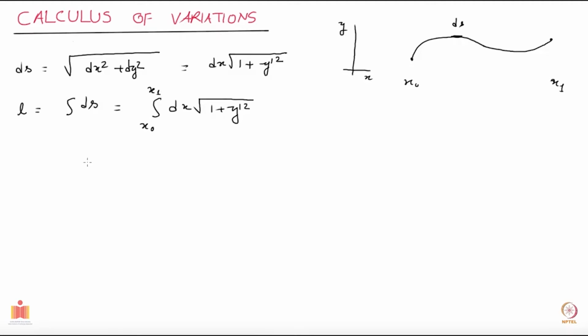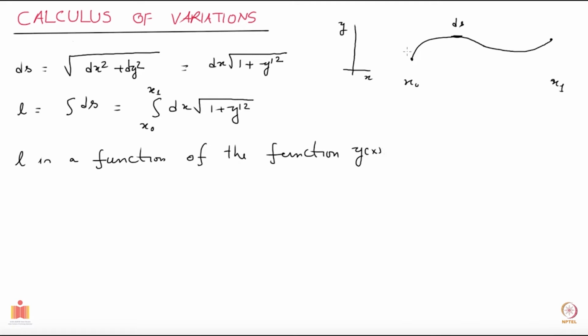Now let's have a look at the quantity we have in front of us. The length L is a function of the function y of x. Meaning if you specify a different y of x, if you give a different curve, then the length will change.